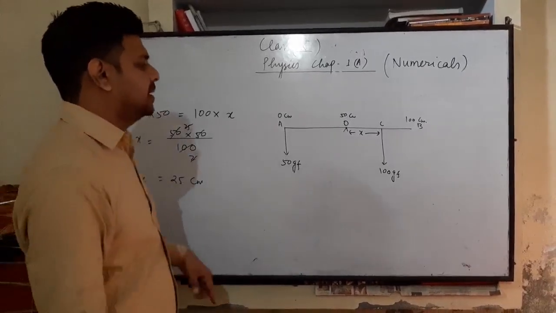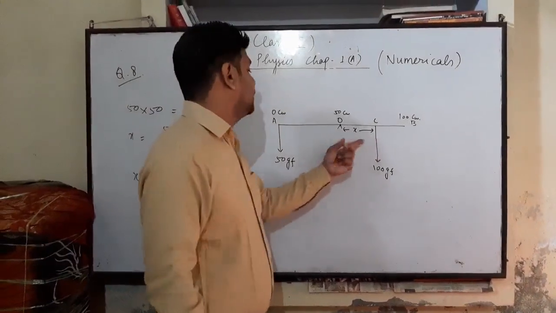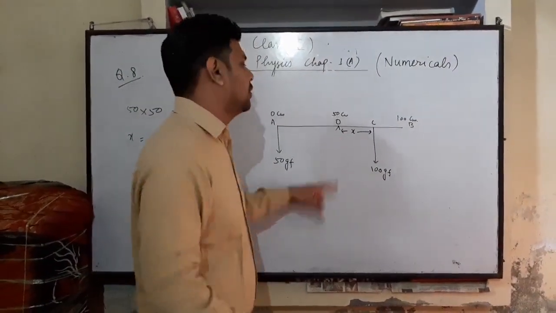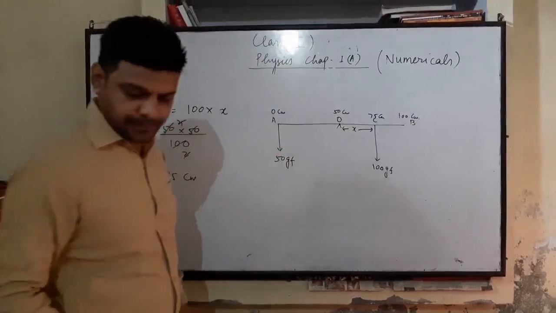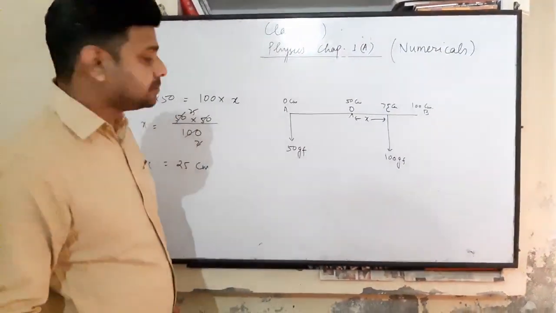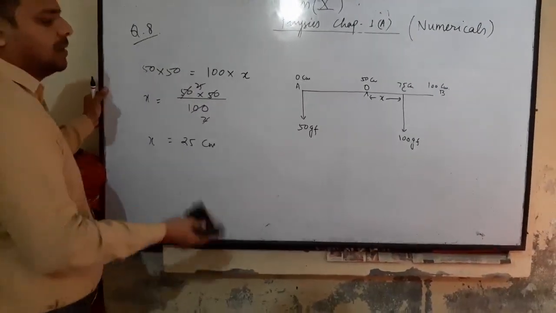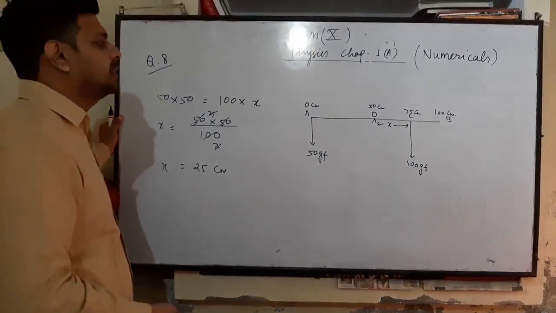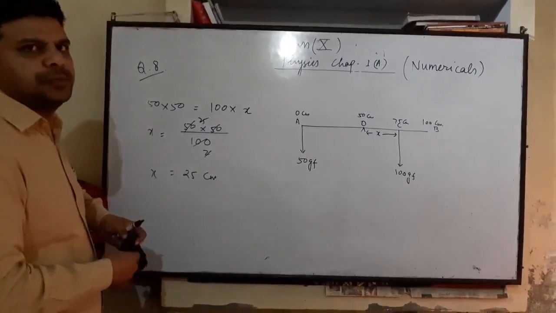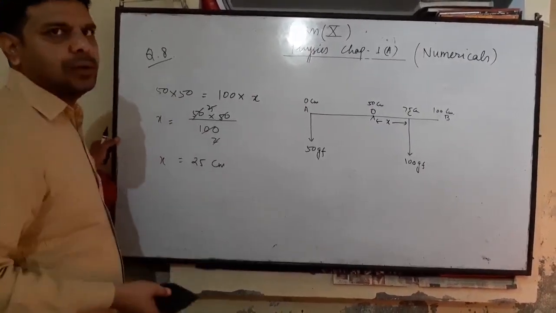We have to suspend this weight at 25 centimeter from the midpoint, or at the 75 centimeter mark. Now in these numericals we will use the principle of moments. What is it? Anti-clockwise moment must be equal to clockwise moment for keeping a rule horizontal.